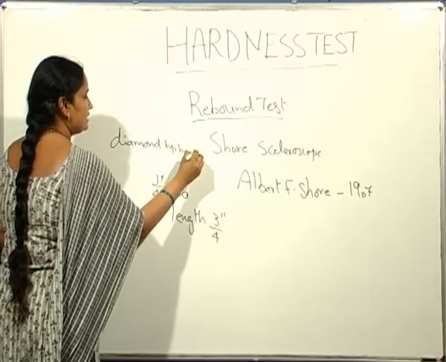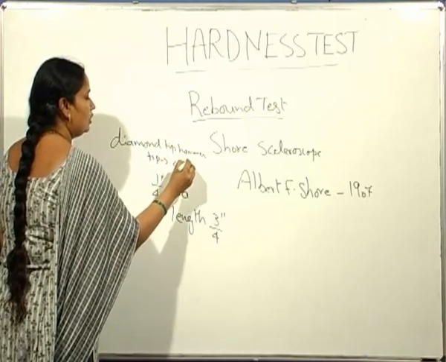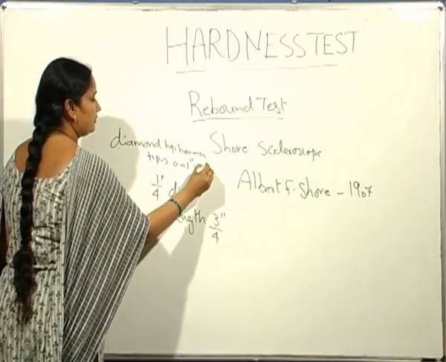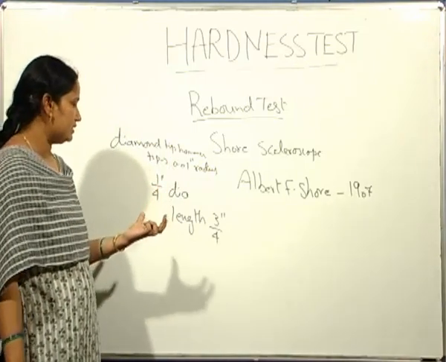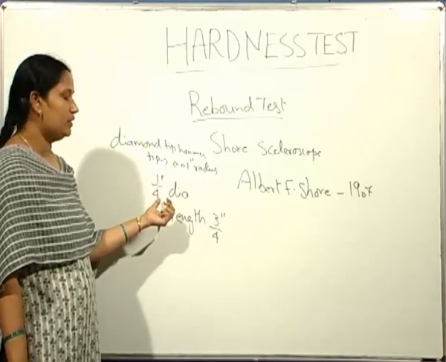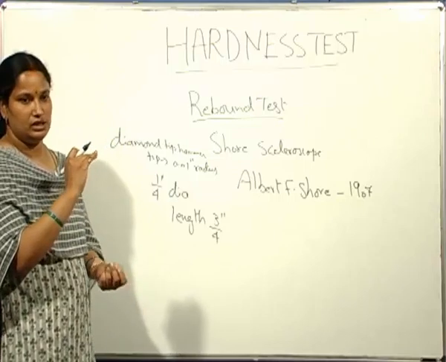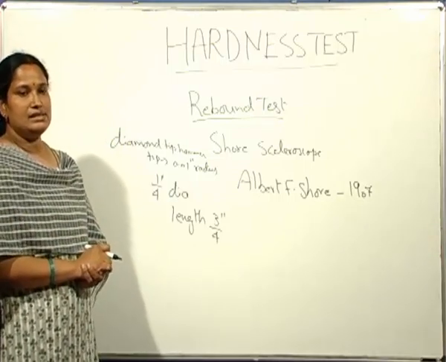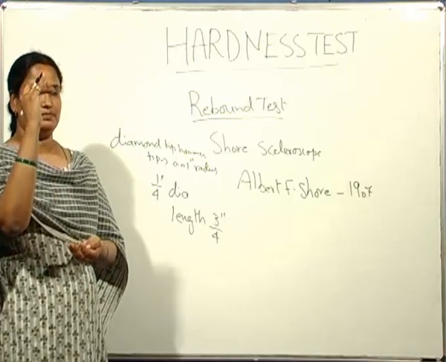The tip radius is about 0.01 inch. This diamond tip hammer is allowed to fall from a known height.